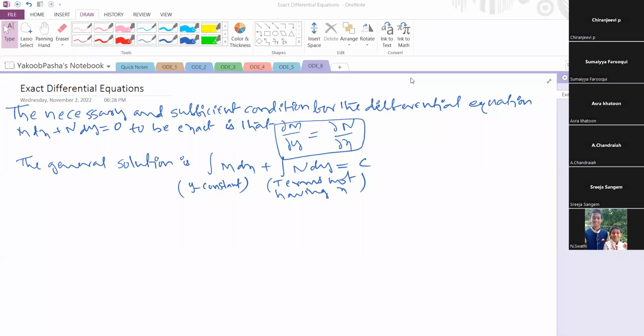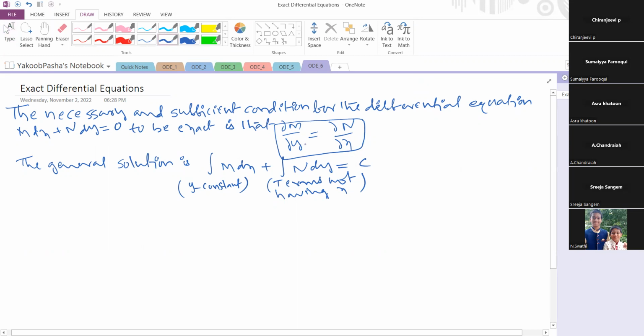Problems. The necessary and sufficient condition for a differential equation M dx plus N dy equal to 0 to be exact is that ∂M/∂y is equal to ∂N/∂x.